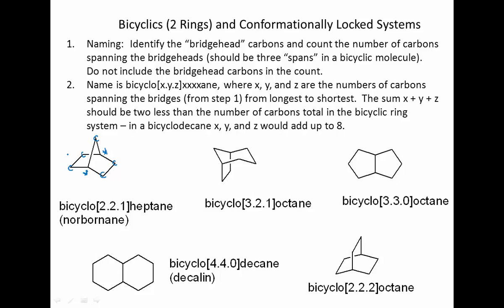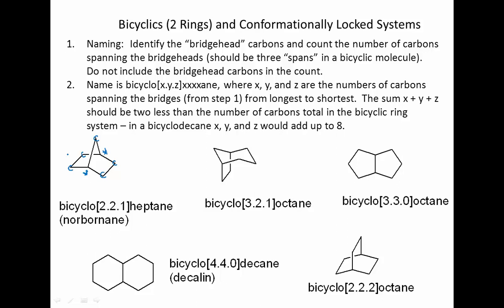Okay, now after doing this, we're going to name the compound. It's going to be named bicyclo, in brackets, X period, Y period, Z, where these are the numbers of carbons in our spans, and close bracket, and then we're going to name it as a derivative of the total number of carbons in the bicyclic ring system.